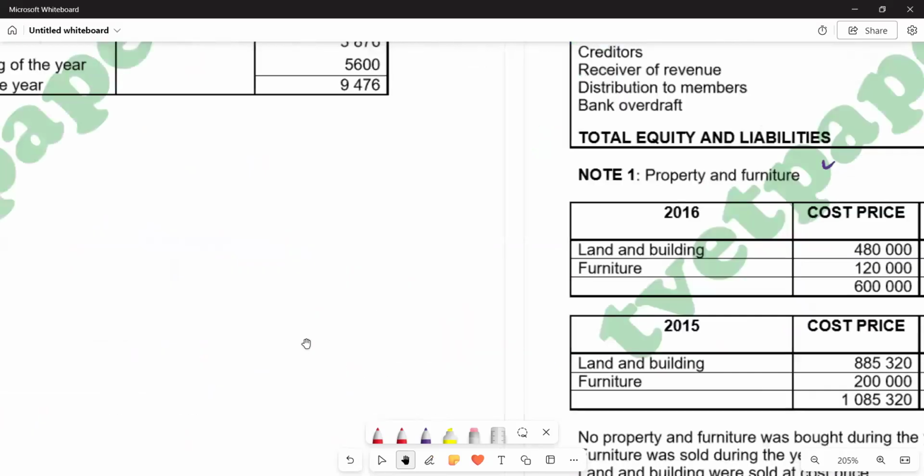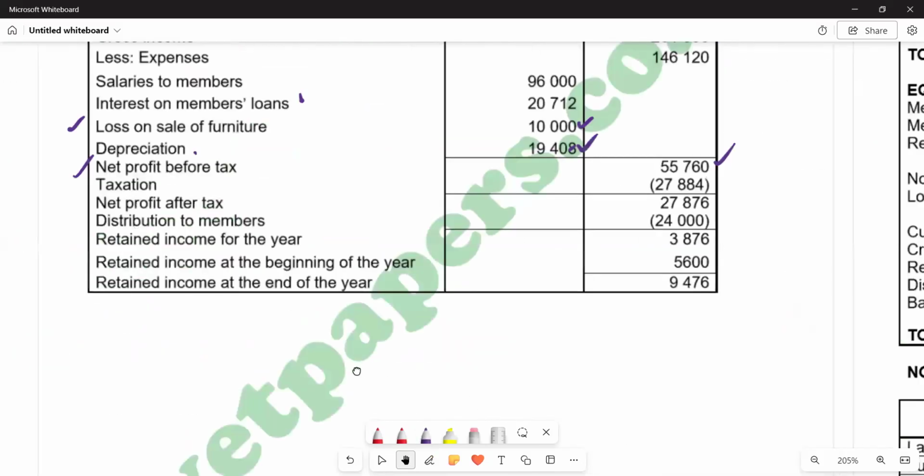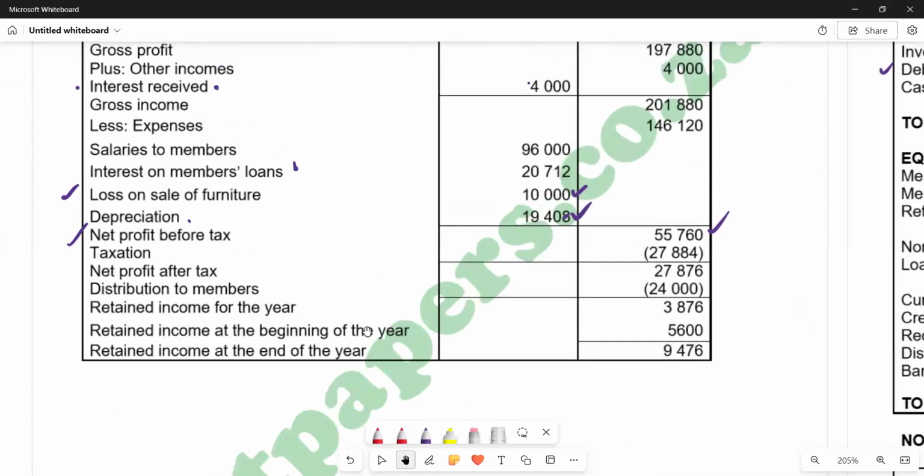At this point, we go to the question. You'll see that we have salaries to members here, 96,000. Here it was under less expenses, it was subtracted, so there we are going to do the opposite. We are supposed to add it.